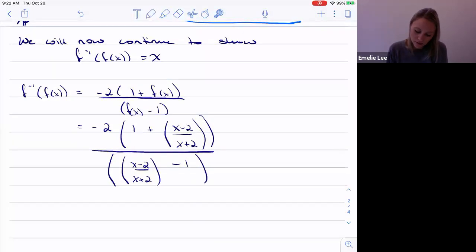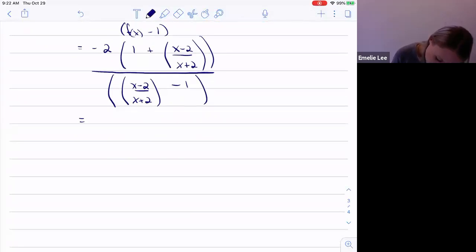So now I've got 1 plus a fraction and then a fraction minus 1. I'm going to need to find a common denominator for both of these. What's nice is that they're the same common denominator, right? So eventually they'll cancel out. But we need to show all our work to get there, right? So I'm going to multiply 1 by x plus 2 and then this 1 by x plus 2 over x plus 2, of course. So here we go.